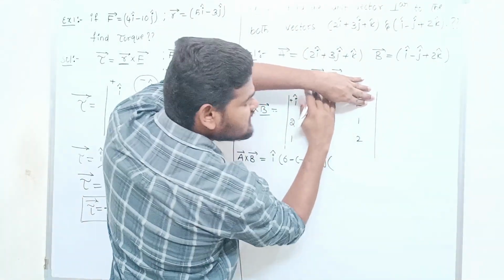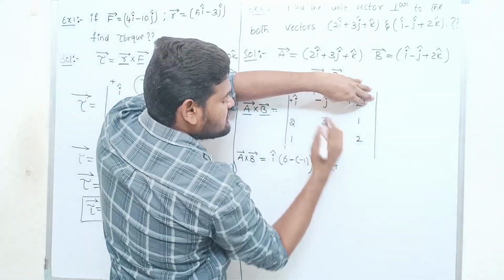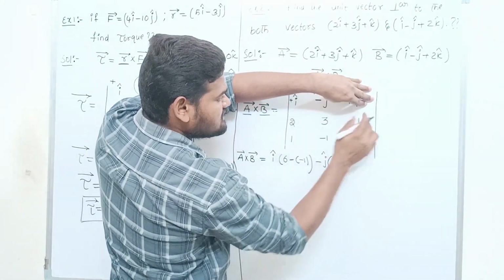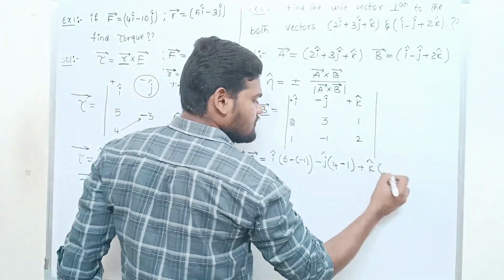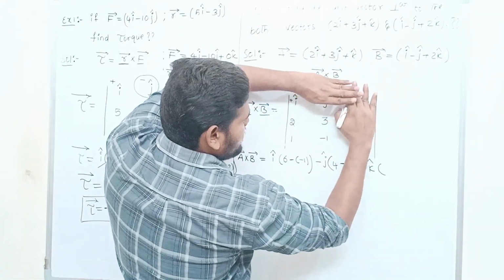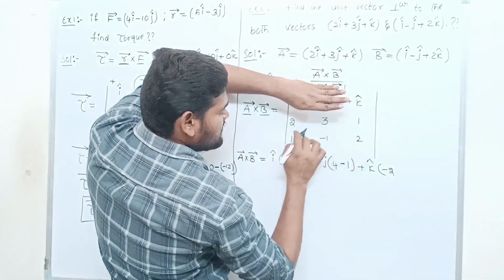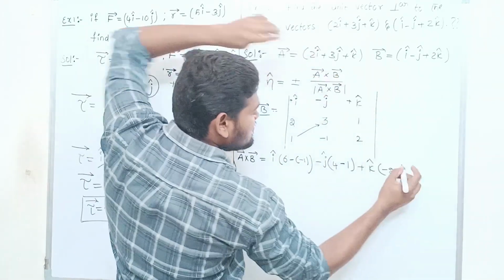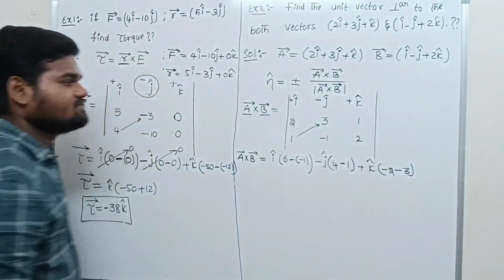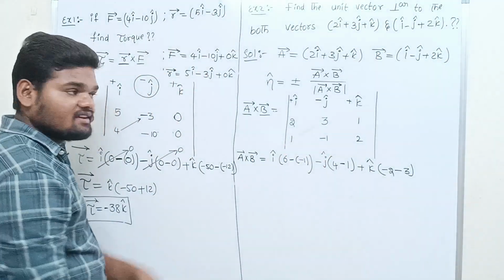So 2 into 2 is 4, minus 1 into 1. Whenever we are calculating from downward to upward direction, we have to take a negative sign. Plus k cap: remove this row and column. 2 into minus 1 is minus 2, and minus 1 into 3 is minus 3. That's it. Likewise you have to make the cross product. Okay, right.